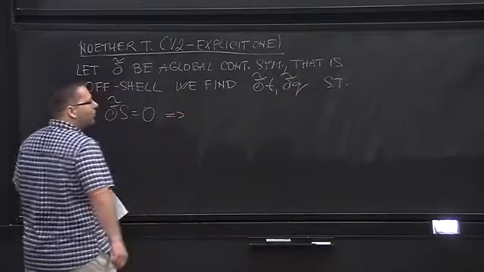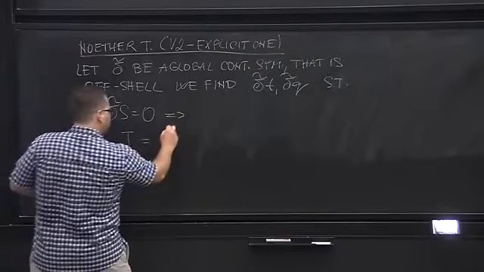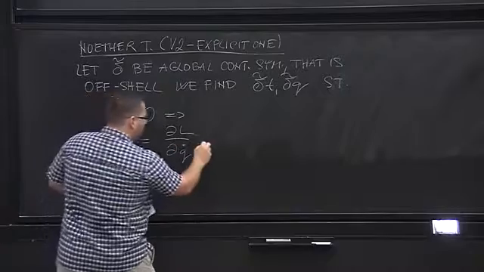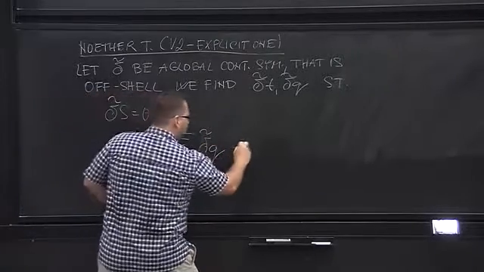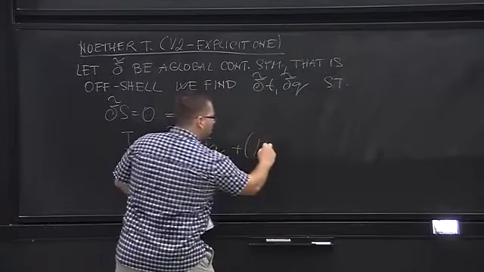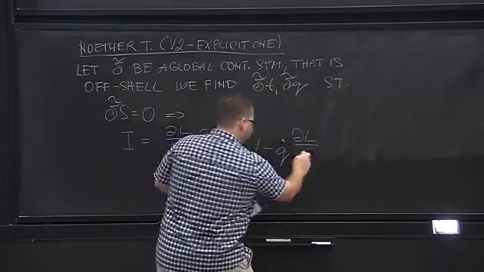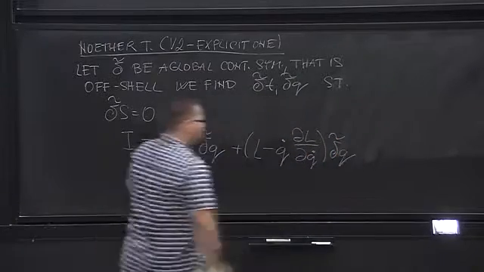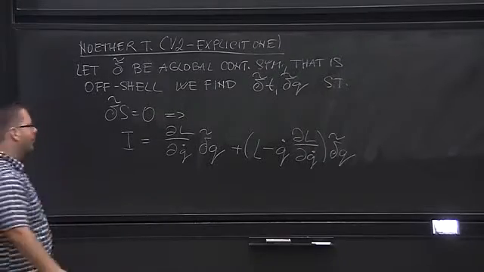Then the explicit form of this integral of motion which exists is given by dL over dq dot delta tilde q, and then plus L minus q dot dL over dq dot delta tilde t. Okay, so this is an explicit form of this integral of motion.